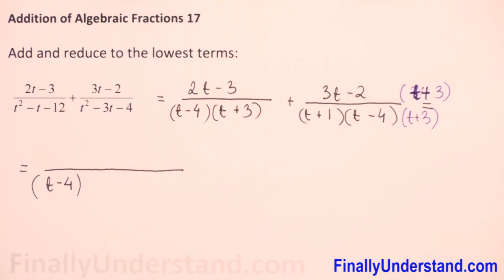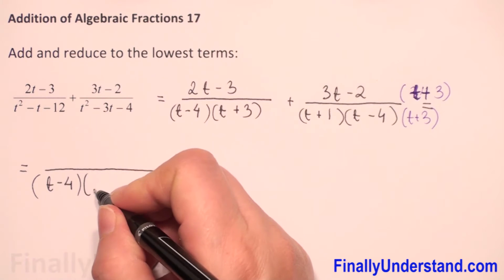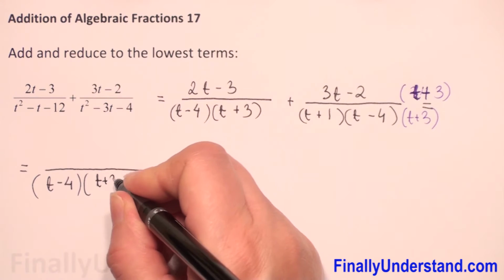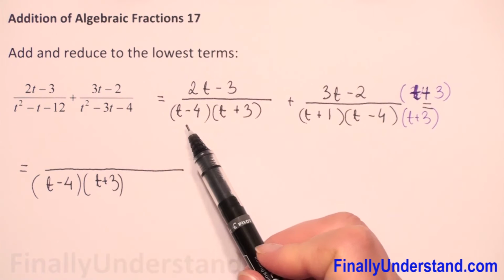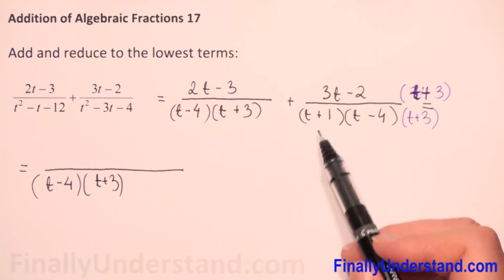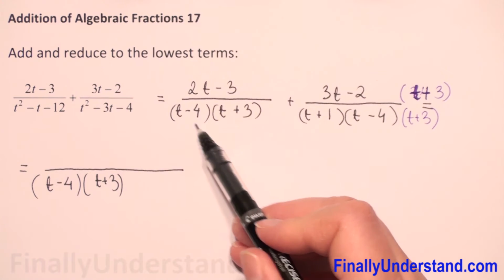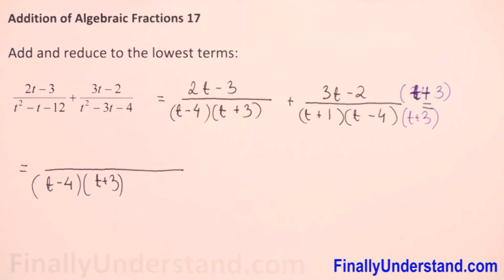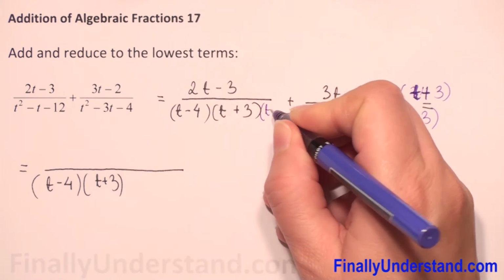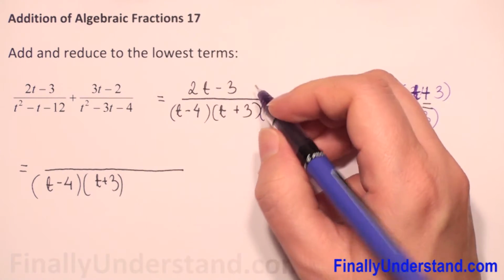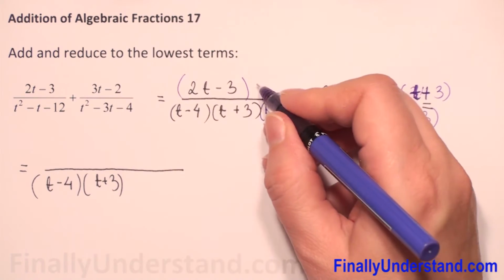And now, let's check what we have. So we will have in the denominator t plus 3 also. So we have t minus 4, t plus 3. And let's check the second denominator. We have t plus 1, and we don't have it here. So it means we have to multiply the first denominator by t plus 1. If I multiply the denominator, I have to do the same with the numerator.